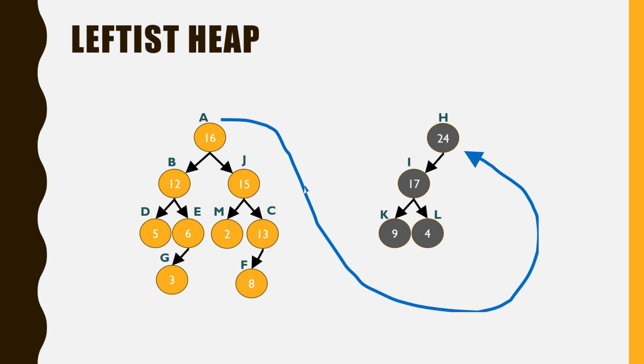Next, we check the NPL of its two children and find that both are 2. In this case, no swap is needed, and we can continue returning to the upper recursion level.